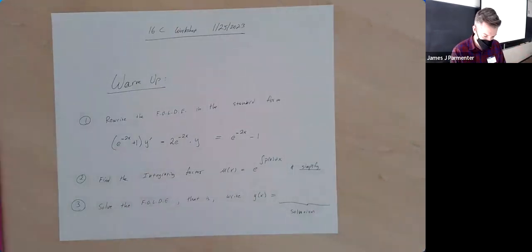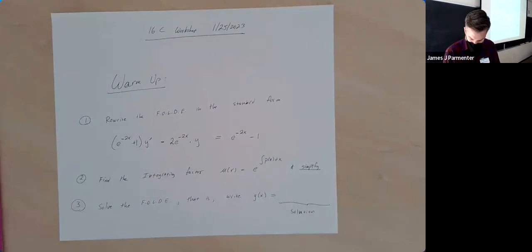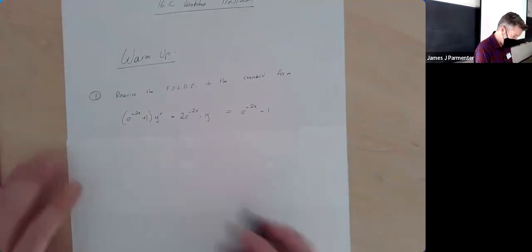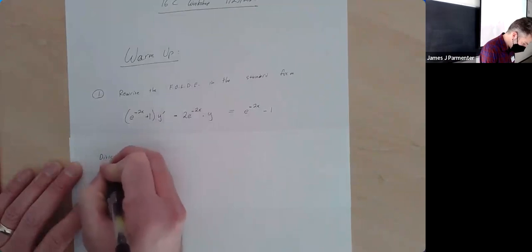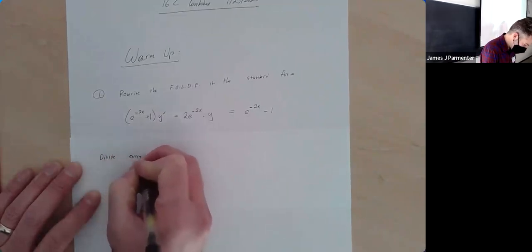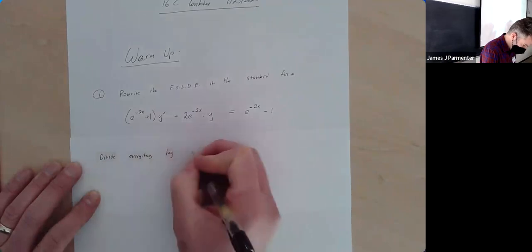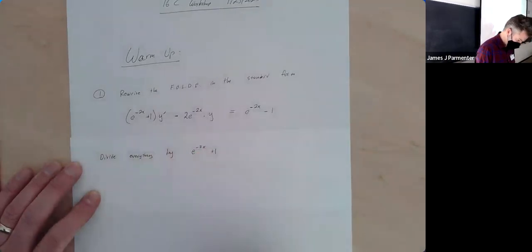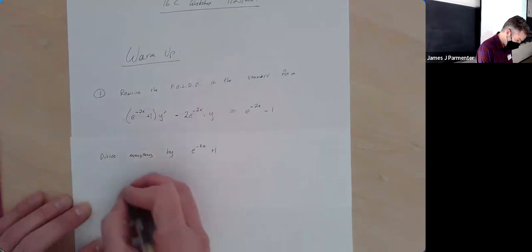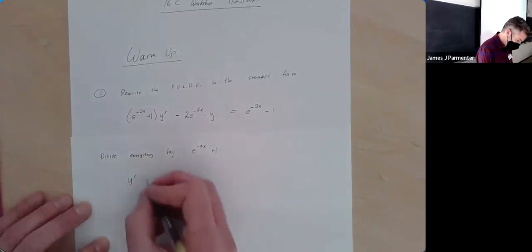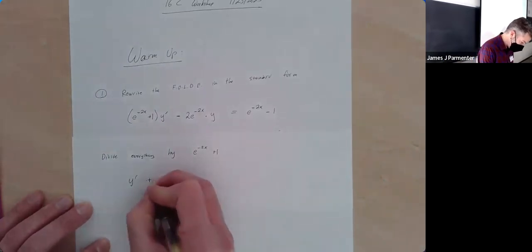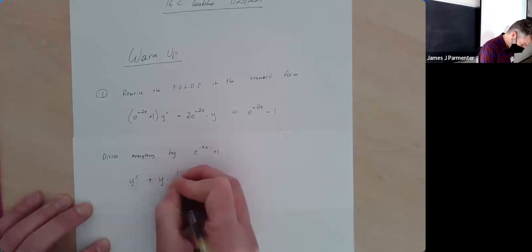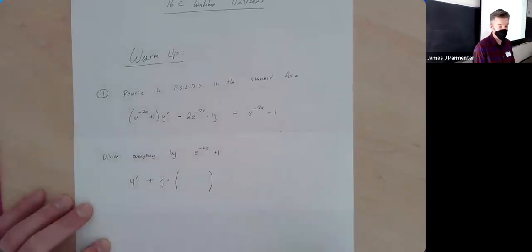So let's go ahead and rewrite it in the standard form. I need to isolate y prime, so I'm going to divide everything by e to the negative 2x plus 1. I'm going to get y prime, and I'm going to write it as plus y times the p of x function.